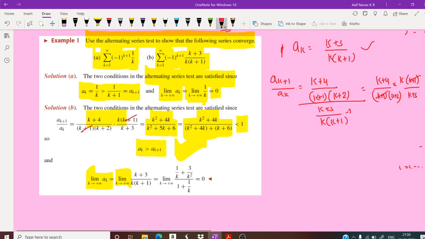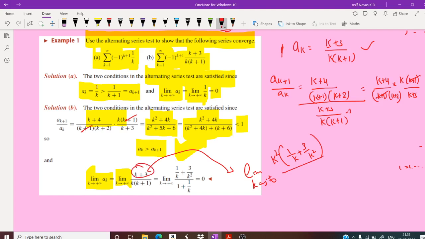For that, I take out k² from the numerator, k²(1/k + 3/k²), and k² from the denominator, k²(1 + 1/k).